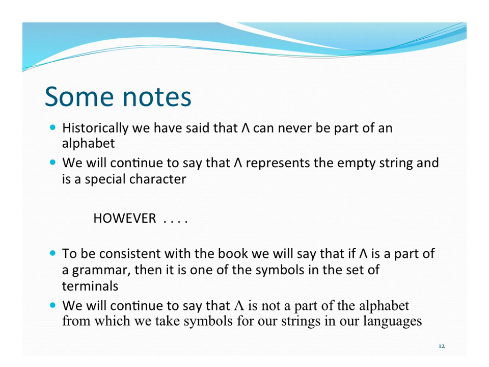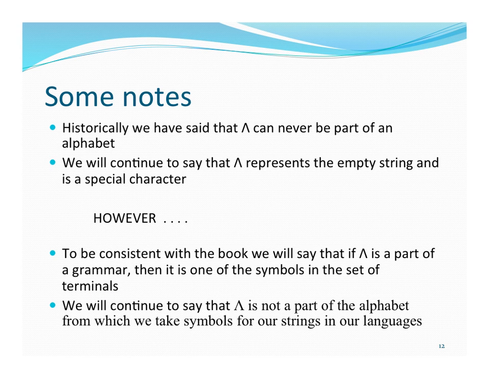Just one point of clarification. We have always said that lambda can never be part of an alphabet. Okay, and we are going to continue to say that lambda is the empty string. It's a special character. You are not going to find it in any alphabet. But just to be clear, in order for us to be consistent with the book, we're going to say that if lambda is a part of a grammar, then it's one of the symbols in the set of terminals.